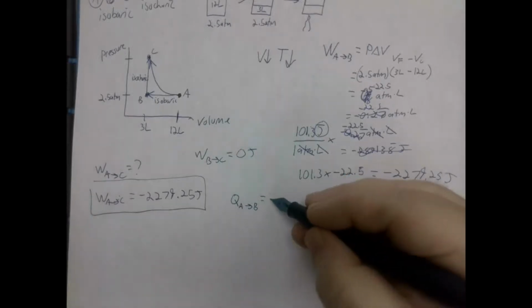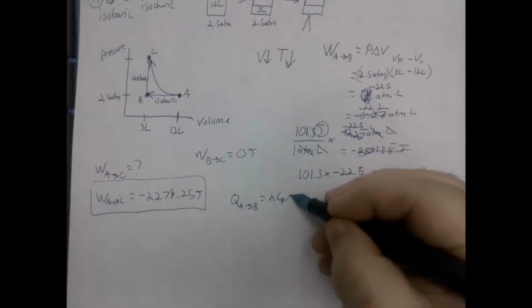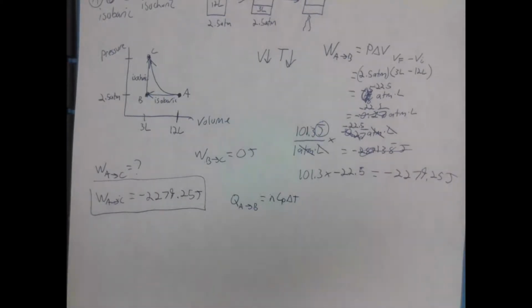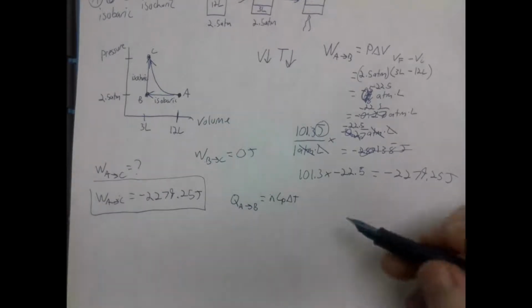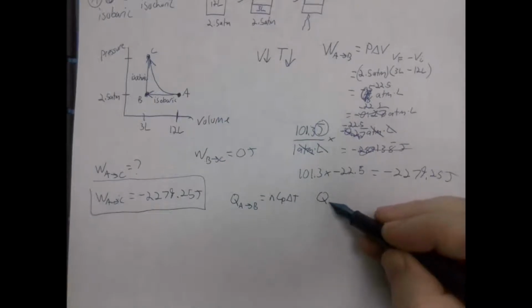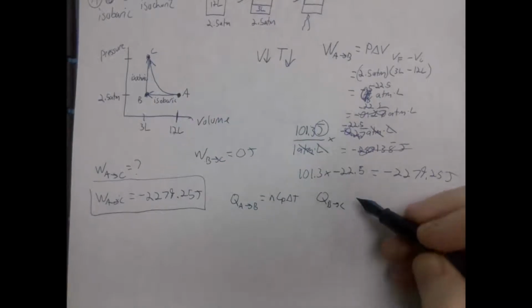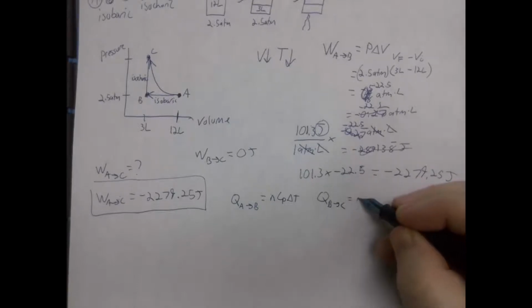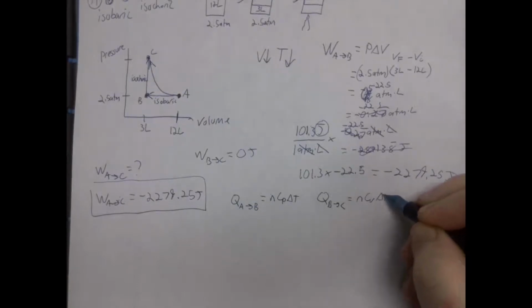So heat is equal to NCP delta T. We don't know the moles. We don't know the delta T. Let's look at from B to C. So isochoric, we get NCV delta T.